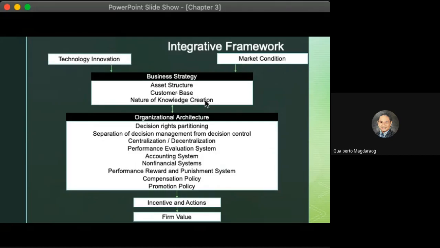If that will happen, magkakaroon ng change sa accounting system mo, sa decision right partitioning, even sa performance reward and punishment system mo. Magkakaroon niyan ng change. Kasi if there are changes, say, in the production, nagkaroon ng mas maraming machineries or robotics.